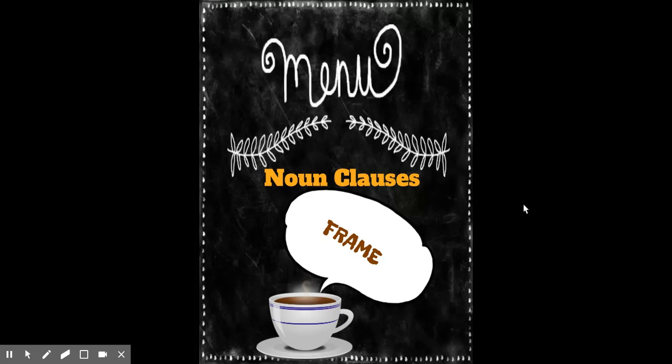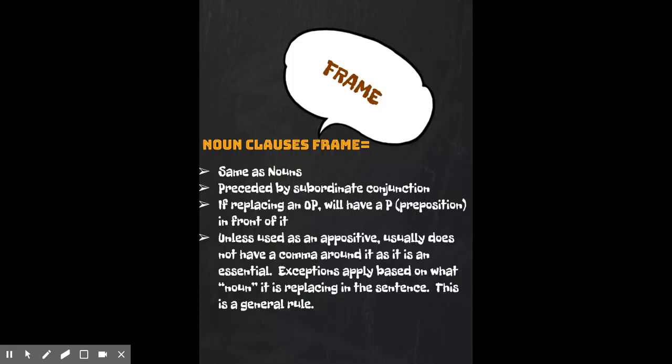Okay, let's look at the frame of noun clauses. They're basically the same as nouns. The only exception is they're preceded by a conjunction. If a clause is being used as an object of the preposition, it's going to have the preposition in front of it, just like a single noun does.